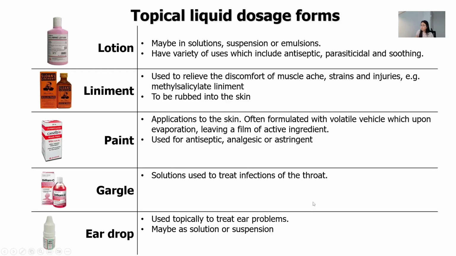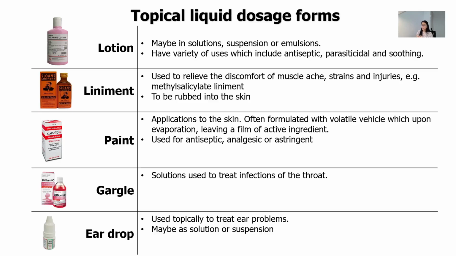Examples of topical liquid dosage form are, for example, lotion. Lotions can be in the form of solutions or suspensions or emulsions. Basically, lotions have multiple uses. For external use, of course, they can be used as antiseptics, which kill some bacteria, parasiticidal, and also for soothing purposes.